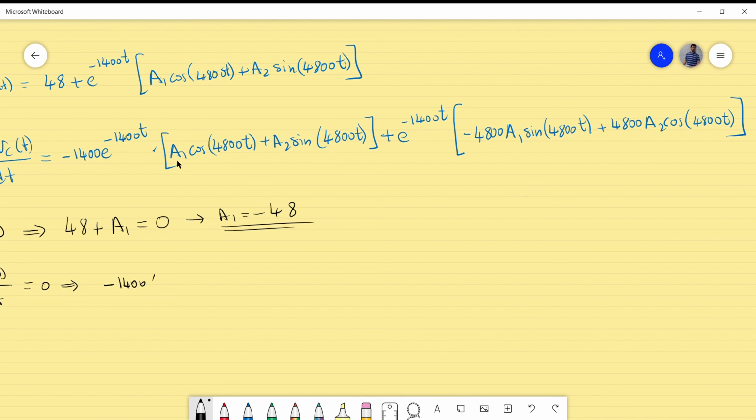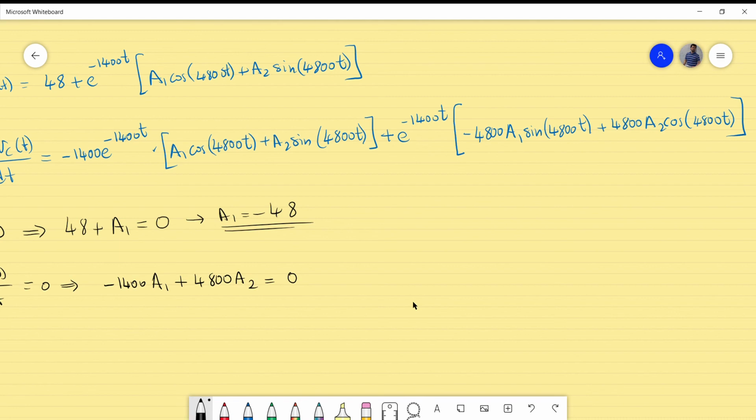That's the first one. And then this is just 1, and then minus 4000, plus 4800 a2. So I will get plus 4800 times a2, because this will disappear, this will disappear, these will be 1 for time equals 0, and this will also be 0.